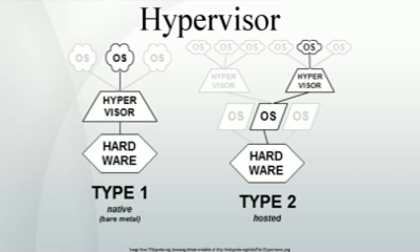HP calls its technology to host multiple OS technology on its Itanium-powered systems Integrity Virtual Machines, or Integrity VM. Itanium can run HP-UX, Linux, Windows and OpenVMS. Except for OpenVMS, to be supported in a later release, these environments are also supported as virtual servers on HP's Integrity VM platform.